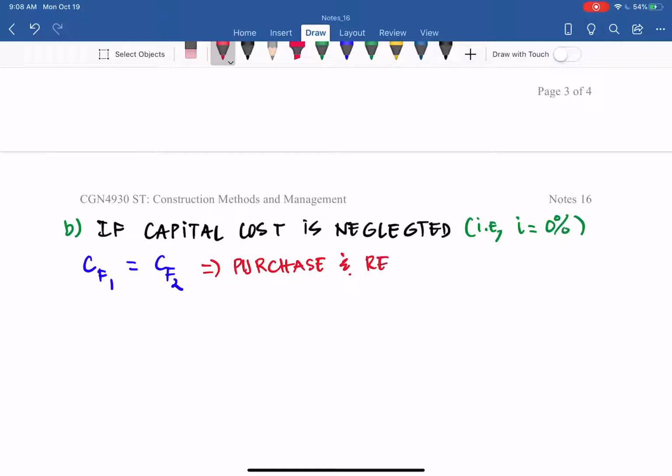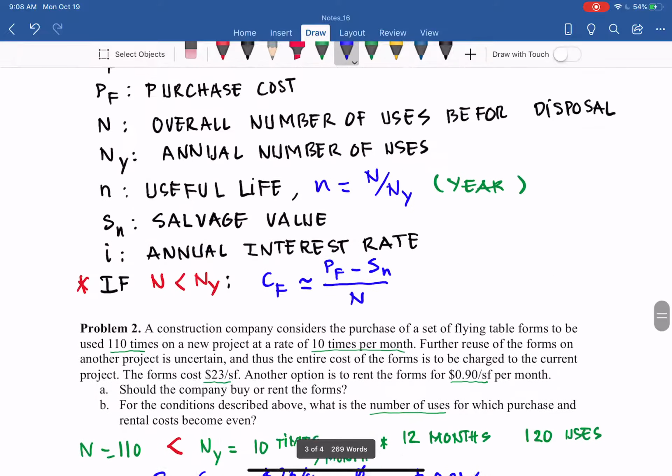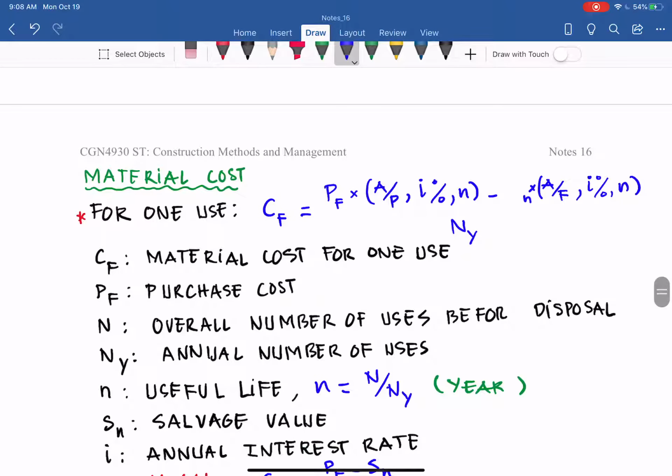That is the question given, part B. Then we apply the purchase cost, CF1. It ignores the interest, so I is nothing.